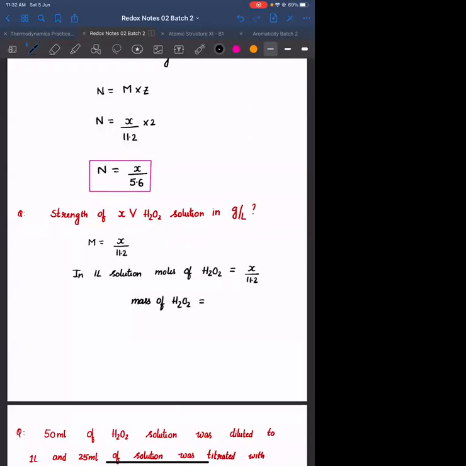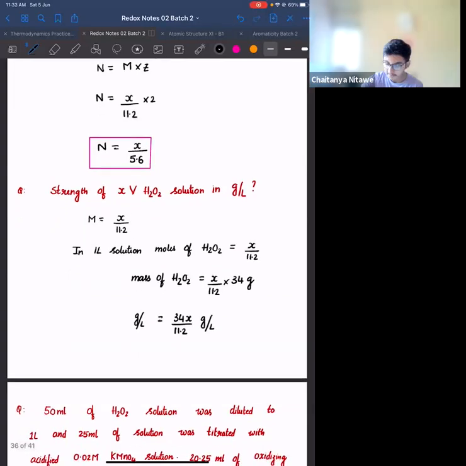It is moles into molecular weight. Molecular weight is 34. इतना grams होगा. So concentration in gram per liter is equal to 34x upon 11.2 gram per liter, as we have taken 1 liter solution only. Agreed? Yes. Any doubt?